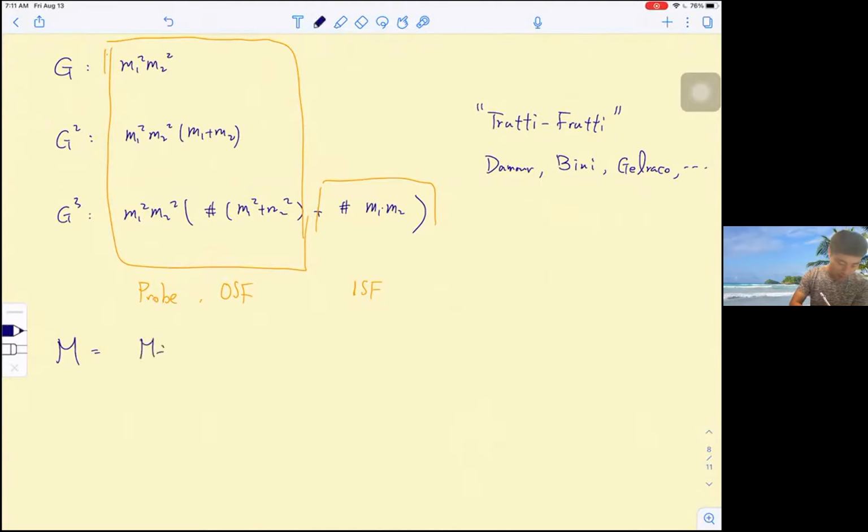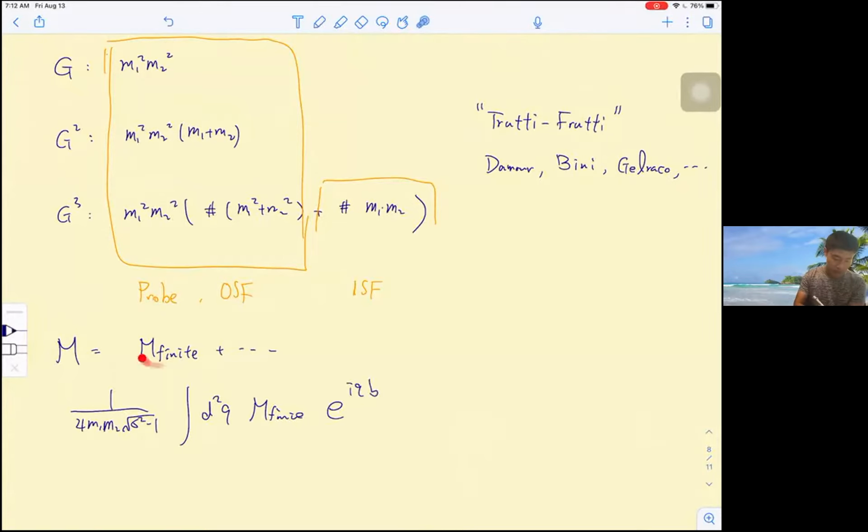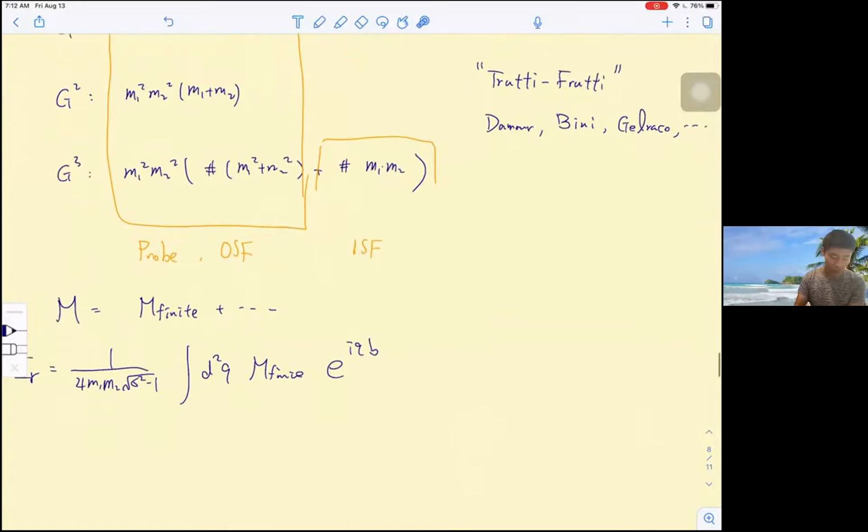And we can actually convert this to the radial action just by using this formula. So the mass behavior from this contribution to the radial action is very clear, and we know where exactly this mass behavior is coming from.